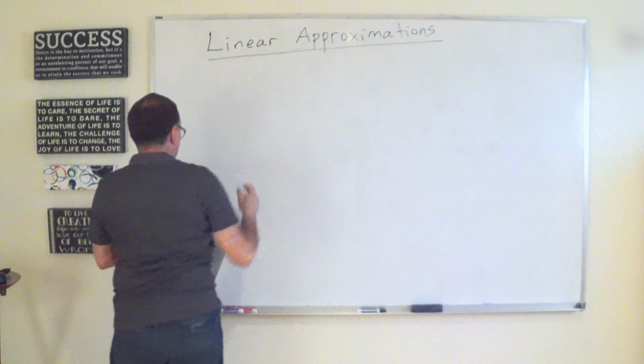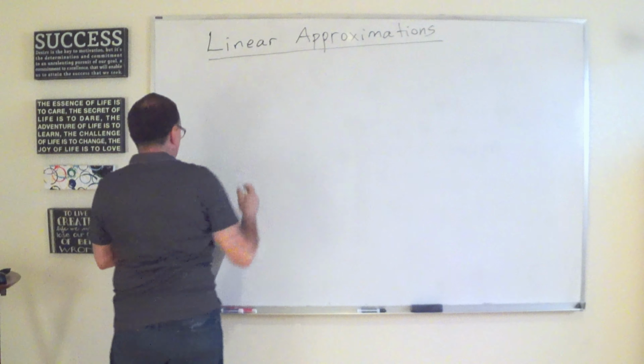So if you have a graph of a function, let's say x, y, and here is the graph of a certain function, y equals f of x, and then we have some point on this graph. Let's say this point has coordinates a, f of a, because if the x coordinate of this point is a, then the y coordinate, since it lies on the graph, should be f of a.